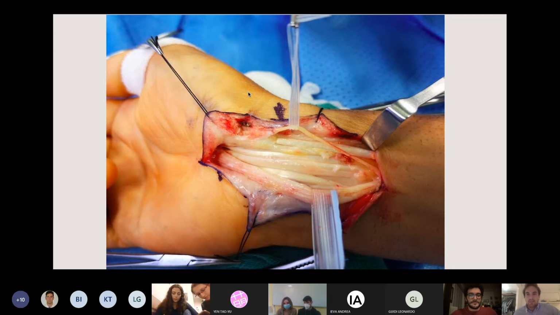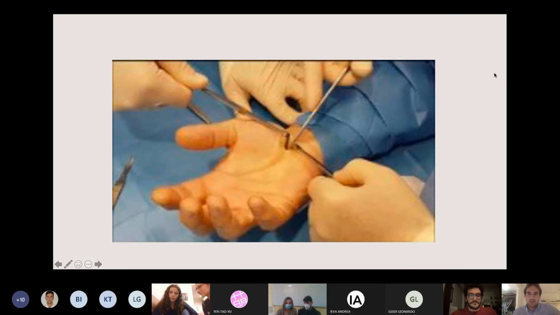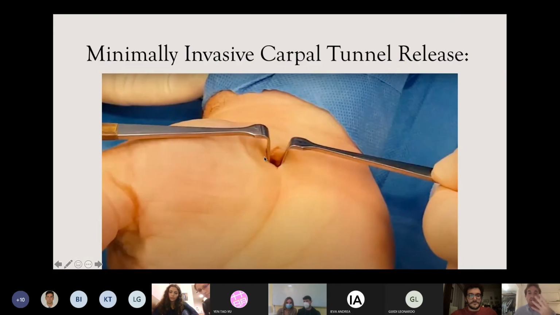But the point is that this surgery, you've seen it, just 4 minutes. In 4 minutes, local anesthetics, the patient can be sedated with midazolam or not.